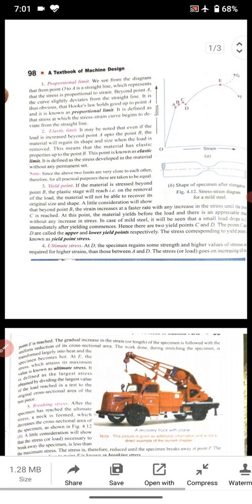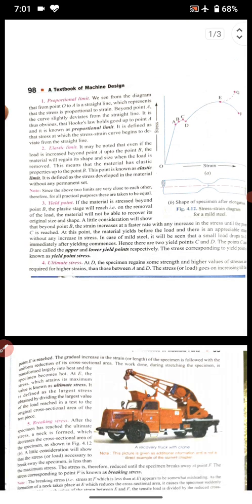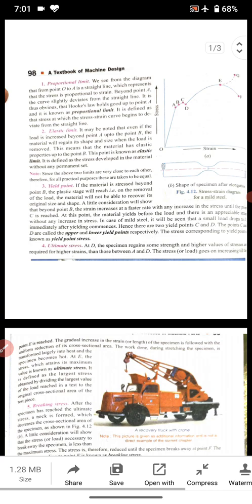Means on applying a smaller stress value you may get the higher strain value. Okay, at this point the material yields before the load, and there is an appreciable strain without any increase in stress.